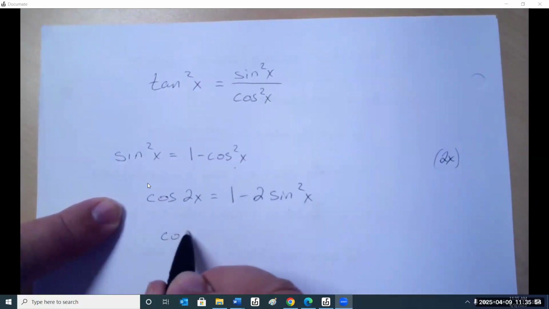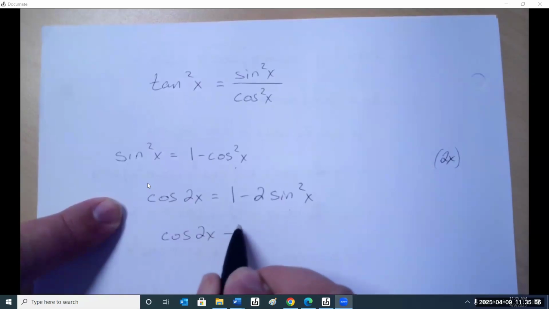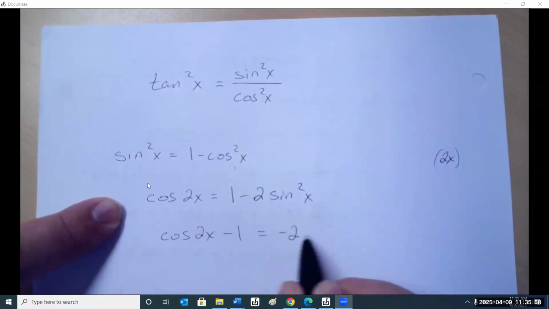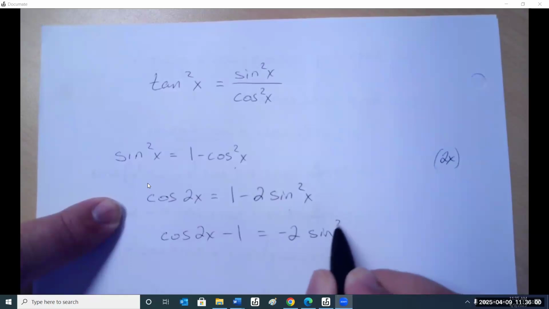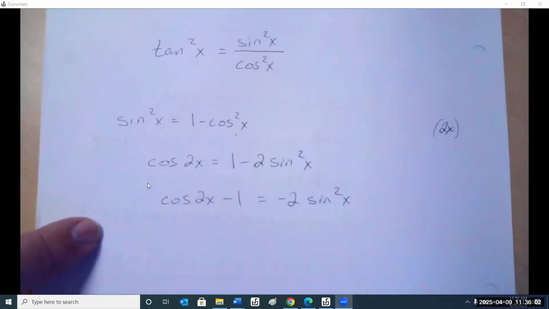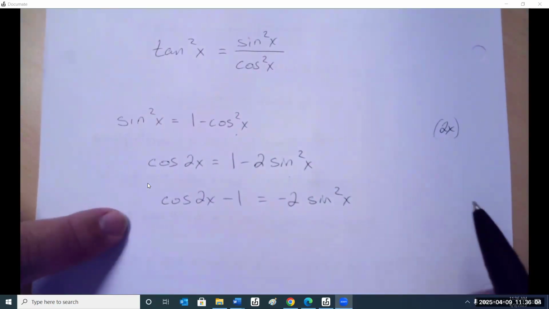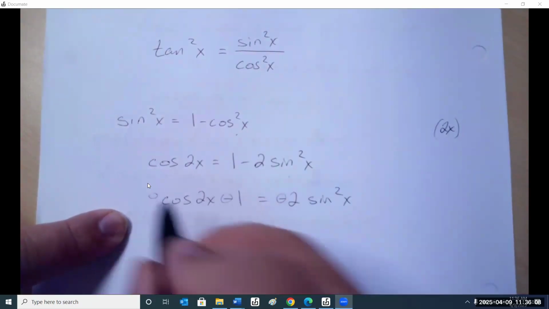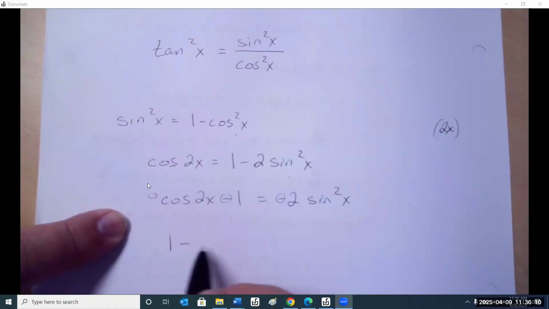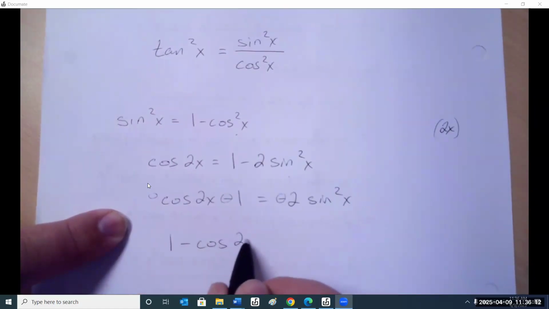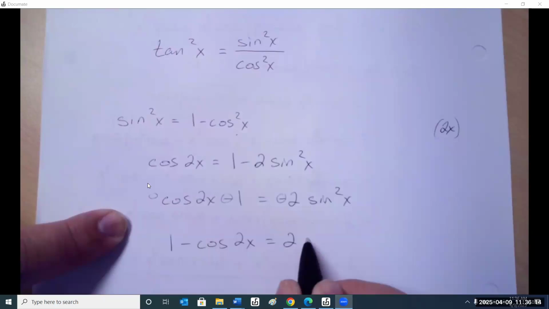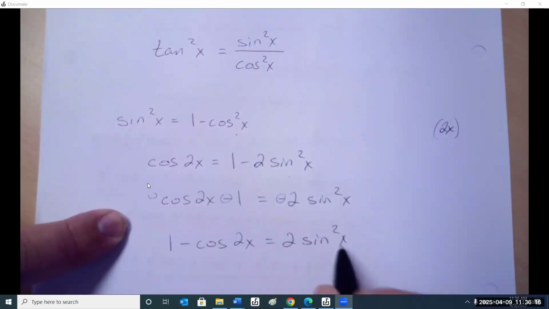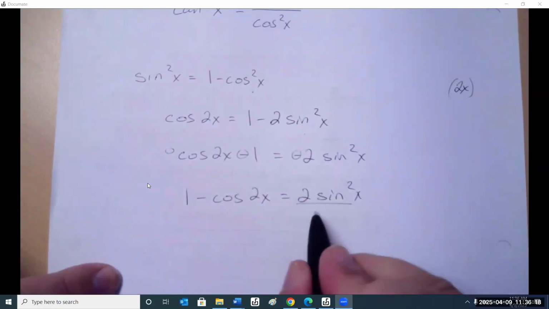So we have cosine 2x minus 1 equals negative 2 sine squared x. Change the signs. So we have 1 minus cosine 2x equals 2 sine squared x, divided by 2.